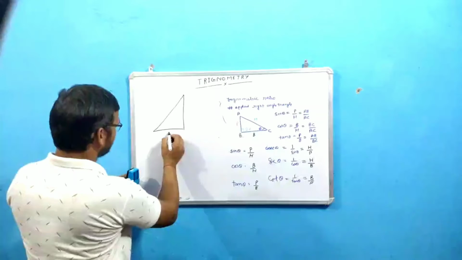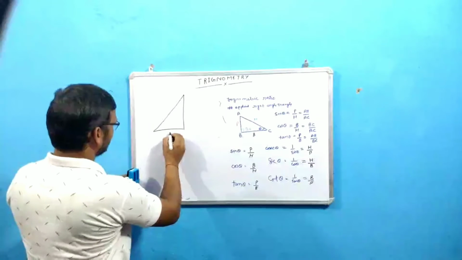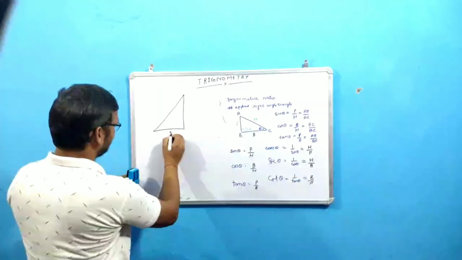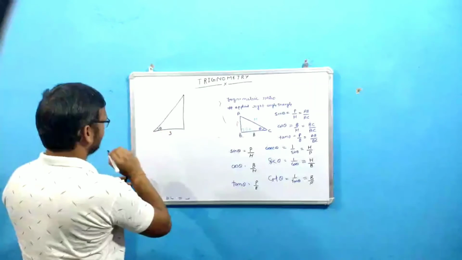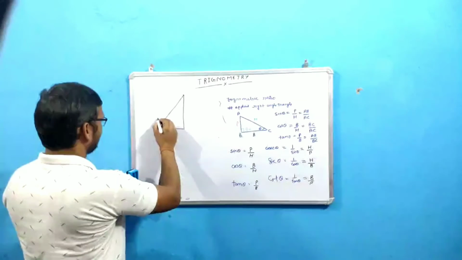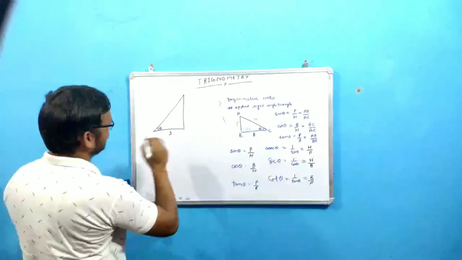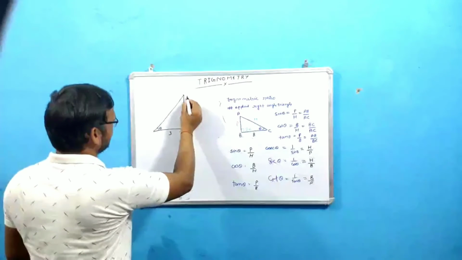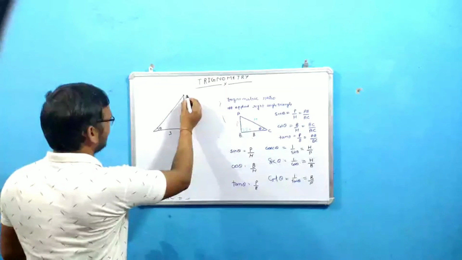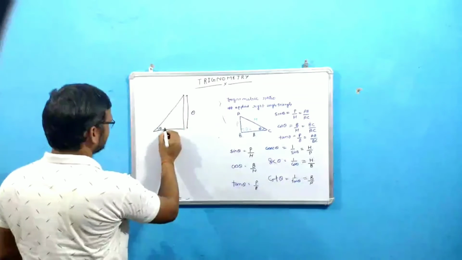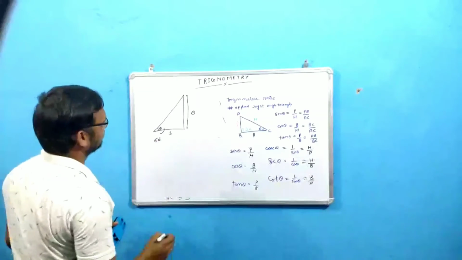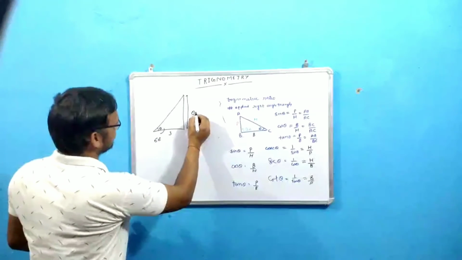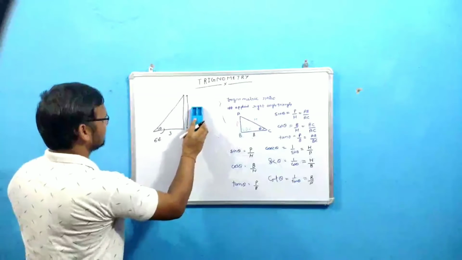This side is 3, and this is theta. What is this height? We have to find this height. Theta is 60 degree, and the height h is to be measured.